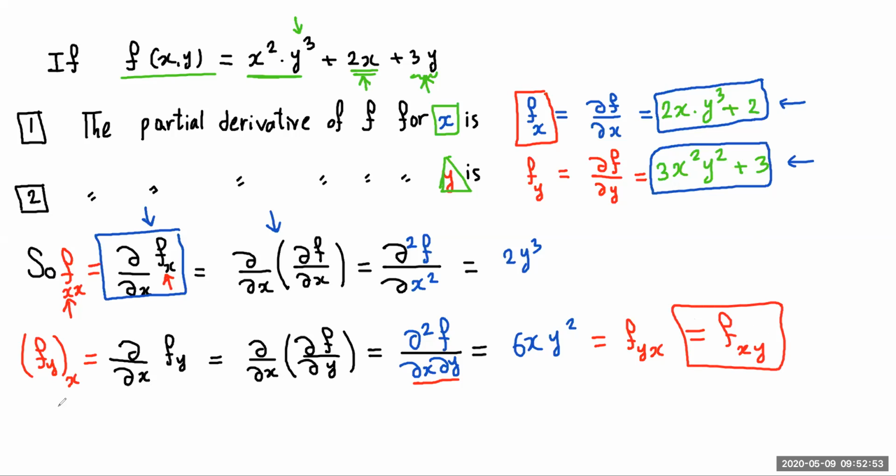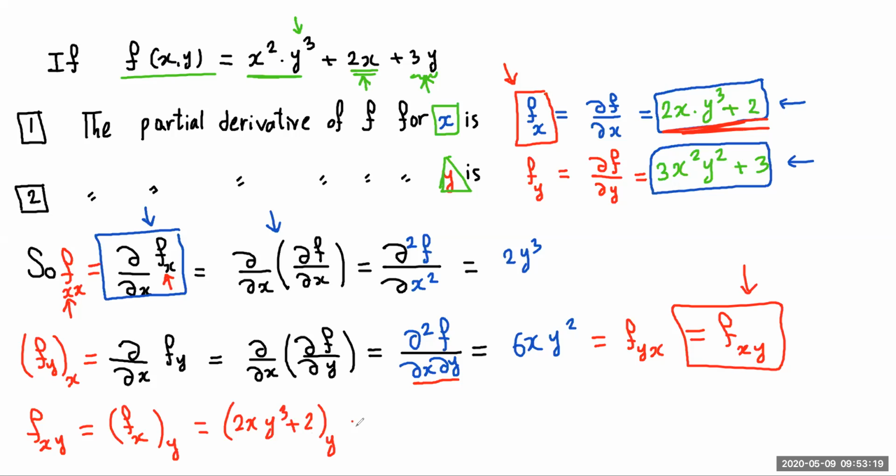So to verify, let's calculate this fxy. What is fxy? It's fx, then partial derivative for y. What is fx? Fx is calculated here. So let's repeat this term here. So it's 2x y power 3 plus 2, then partial derivative for y.